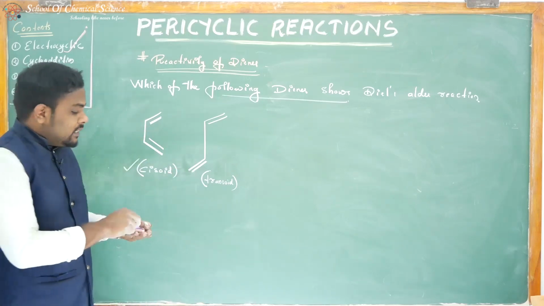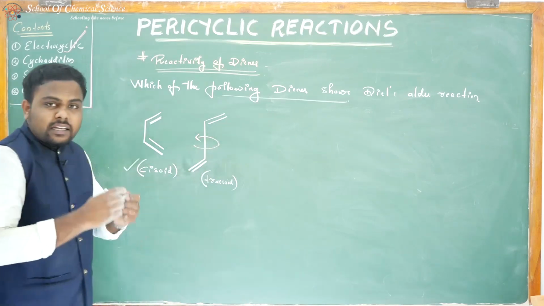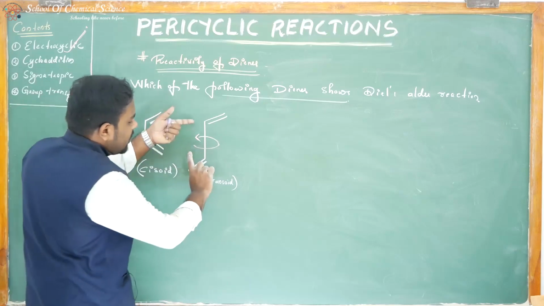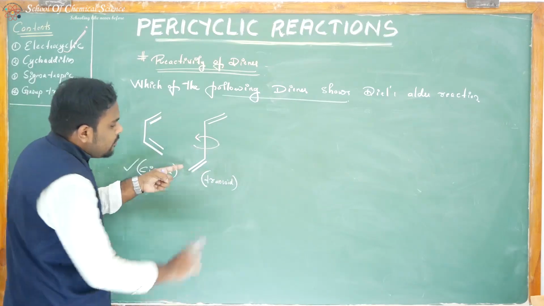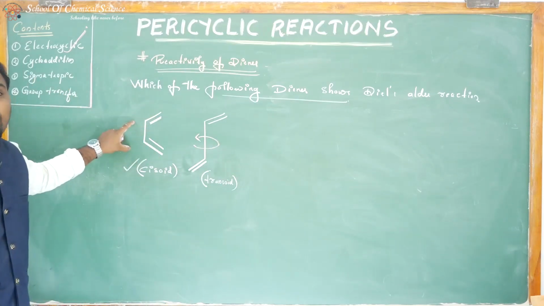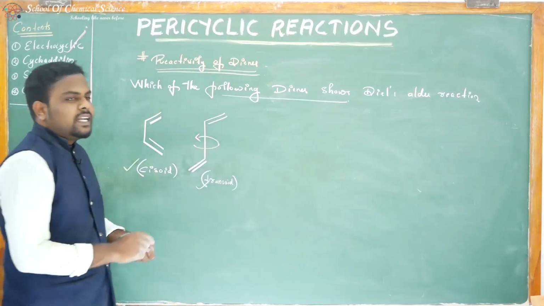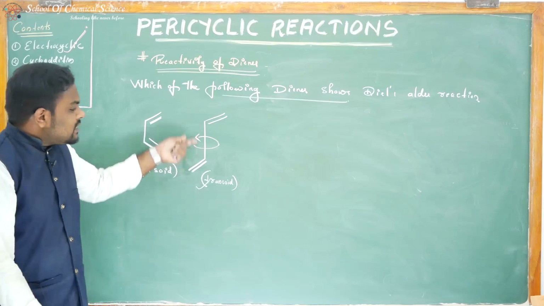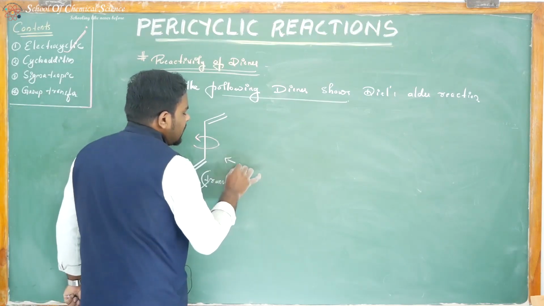But the system is not rigid because free rotation is possible. At the very next second, this carbon-carbon single bond will rotate and it is converted into the cisoid form. So this compound also shows Diels-Alder reaction. Why? Because this is not a rigid system.